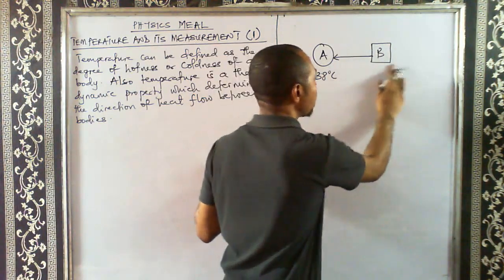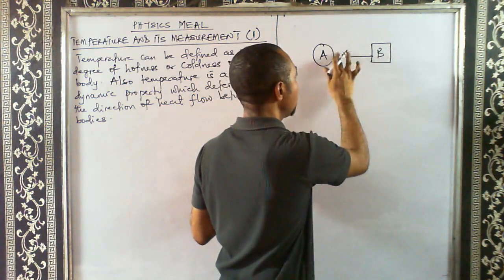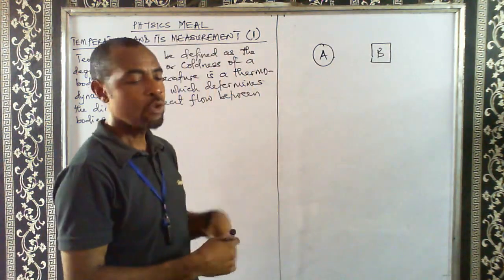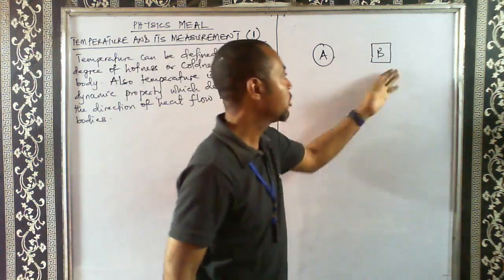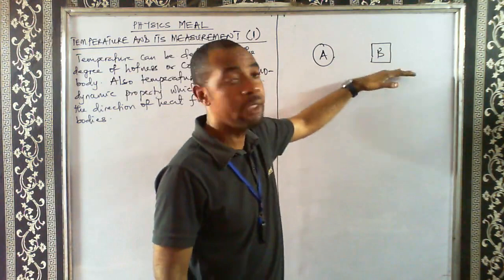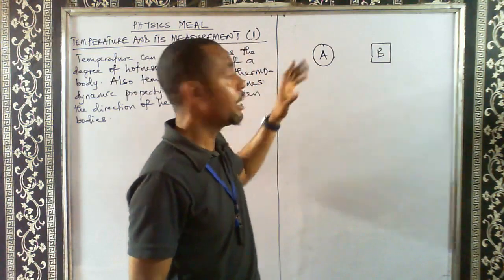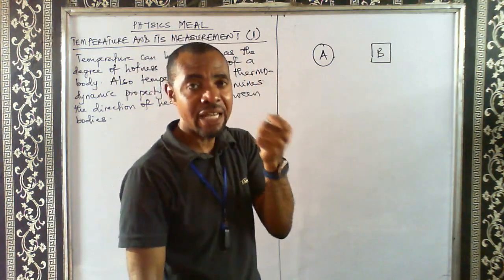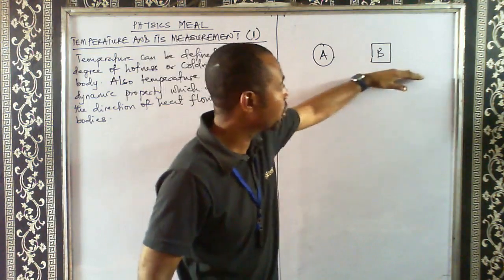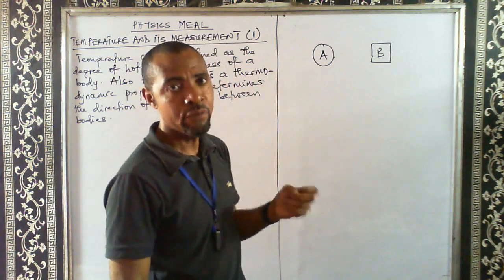Okay, let's first of all remove this. If someone now asks, in which direction will heat flow? You cannot really know the direction of heat flow. You cannot say that heat will flow from A to B or from B to A. Because there is a factor that actually shows us the direction of heat flow, and that factor is not indicated in any of these bodies.